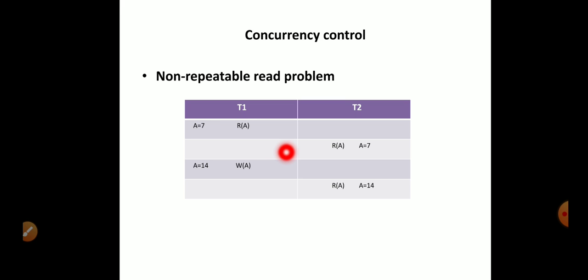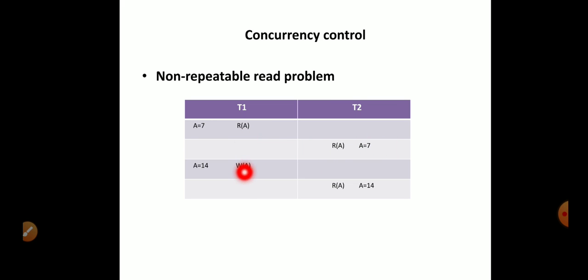Next one is the non-repeatable read problem. It occurs when a transaction reads the same row twice and gets a different value each time. Let's take the same scenario, transactions T1 and T2. Initially T1 reads the value of A as 7, and after some time T2 reads the value of A as 7.